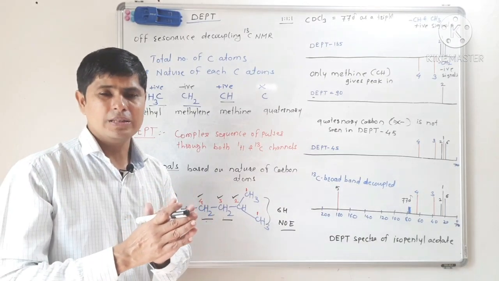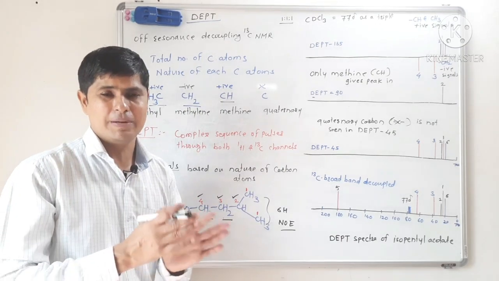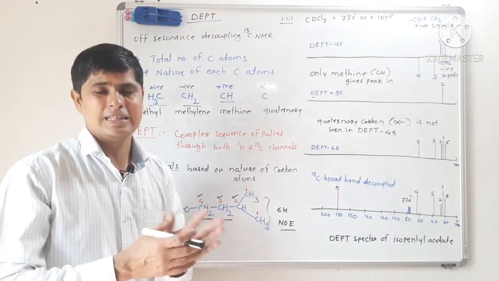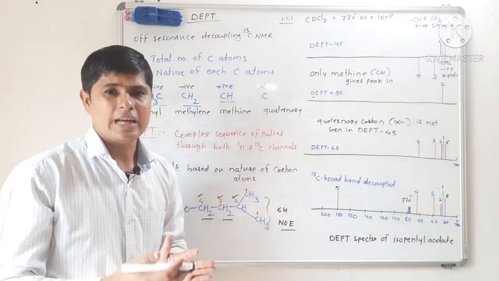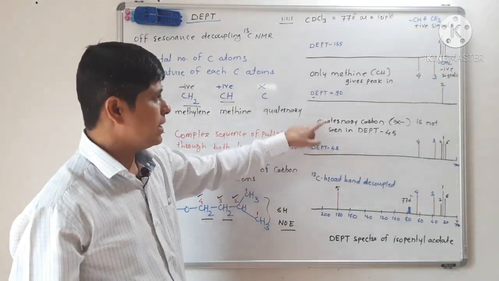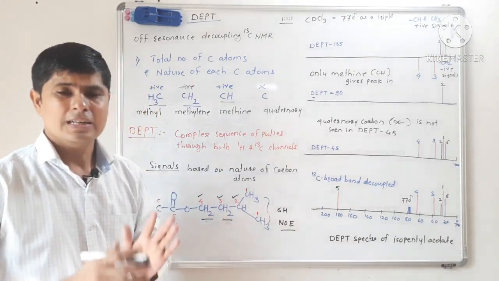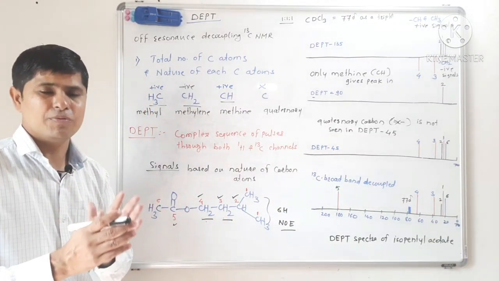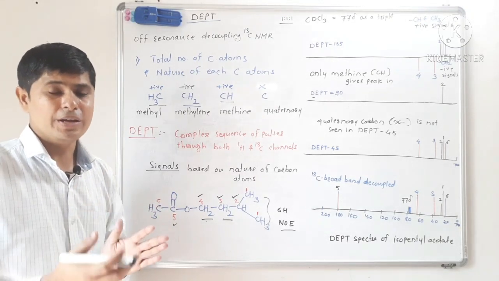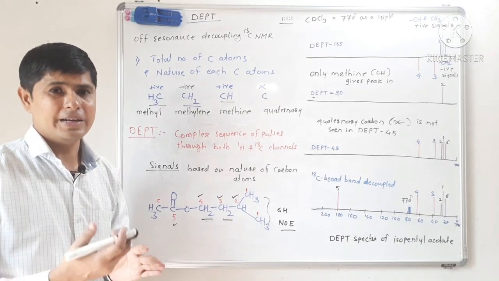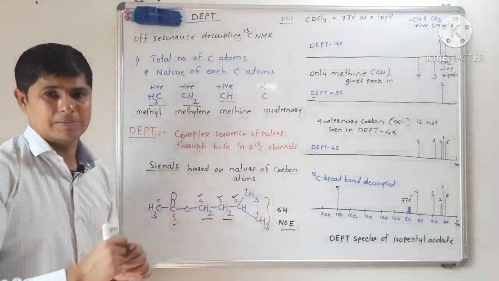Now, depending upon the types of hydrogen atom and the nature of carbon atom, we may observe different types of signals in DEPT 45, DEPT 90 and DEPT 135. Or I may say each carbon atom will behave slightly differently depending upon its nature.